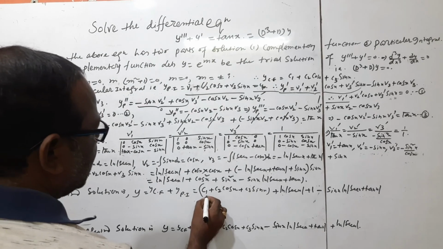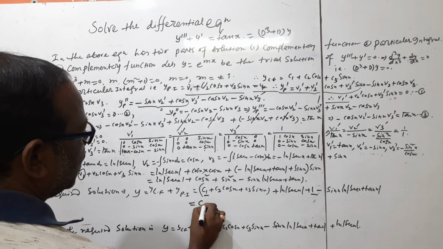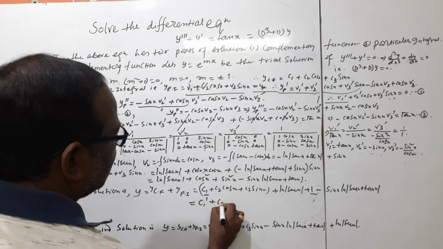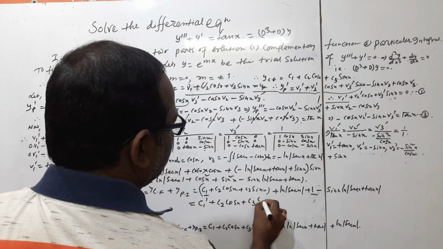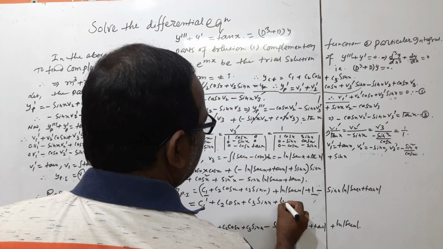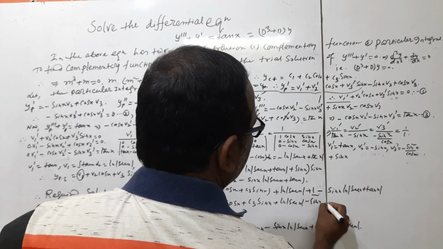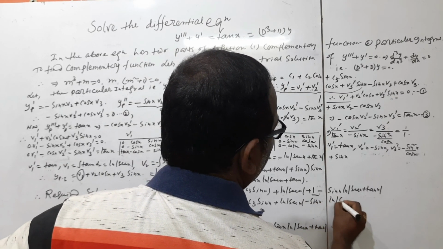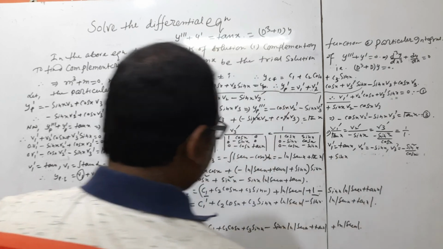Okay, see, these also are constants. We can rewrite again C1' equal to C2 into cos x and C3 into sin x, ln sec x minus sin x into ln mod sec x plus tan x, and this is your answer.